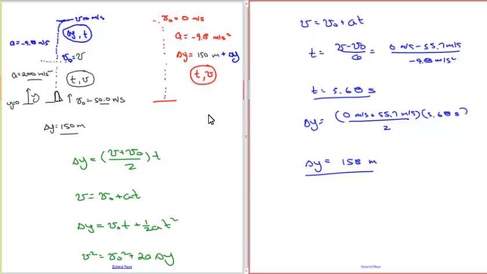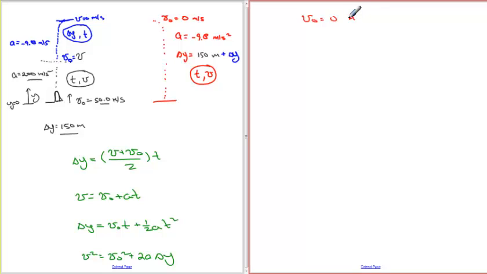So let's go ahead and add another page in here. We'll do the red part now. What do we know? We know V0 is 0. We know that delta y is equal to negative, and actually I should put a negative sign there because it's going down.